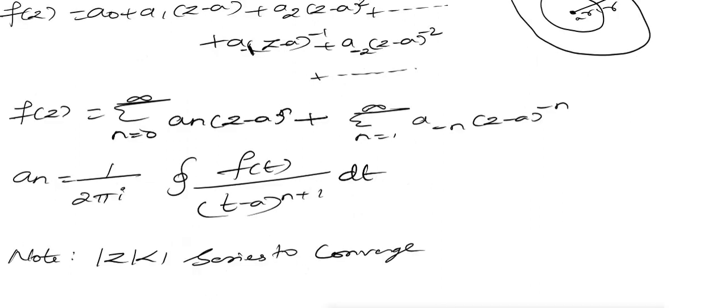So one important point when it comes to solving problems is that the mod z value will be less than 1. This is a condition where this entire series has to converge. So this is very important when we are solving problems.